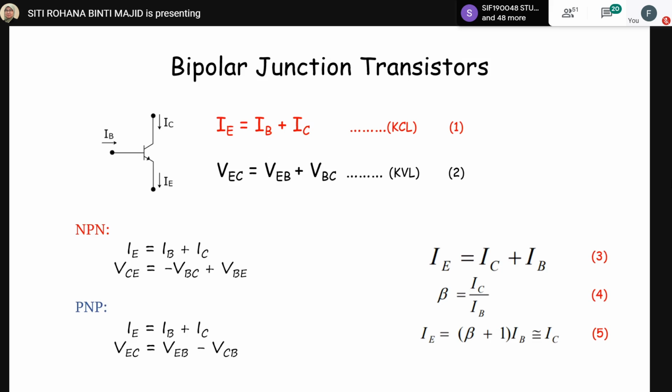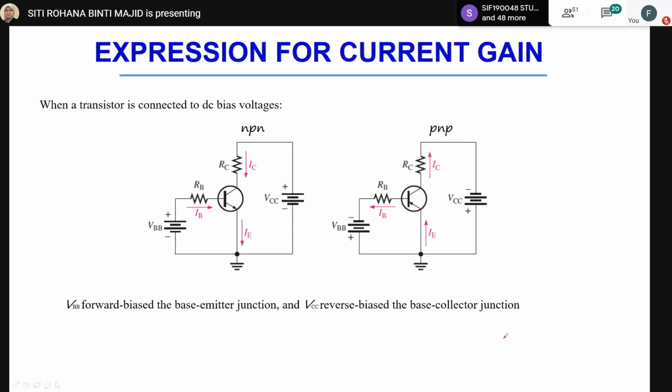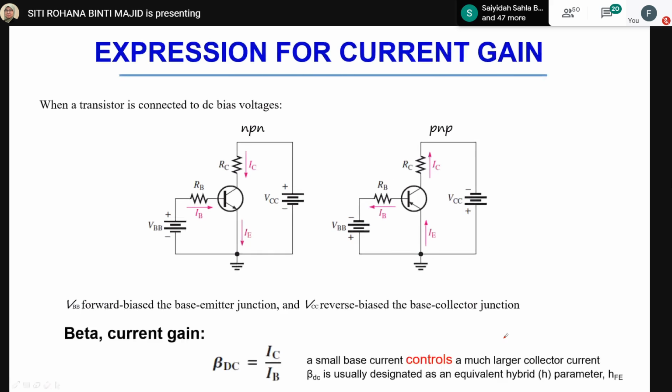To show the relationship between beta and alpha, we need to know the expression for the current gain. It depends on the configuration of the current, and beta current gain is IC over IB. No matter what configuration, it will be the same.